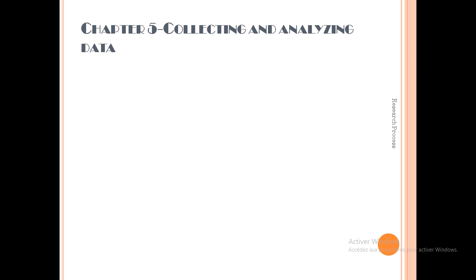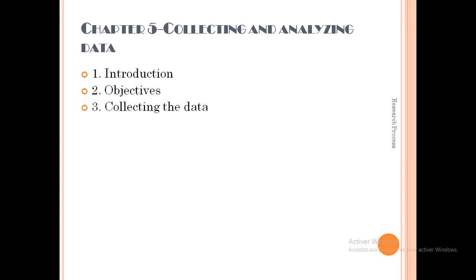Chapter 5 is collecting and analyzing data, also divided into two subsections, collecting data and analyzing data. You start by introducing the subject and defining the objectives, what you are supposed to gain from learning this chapter.